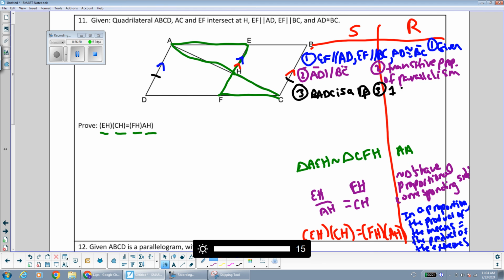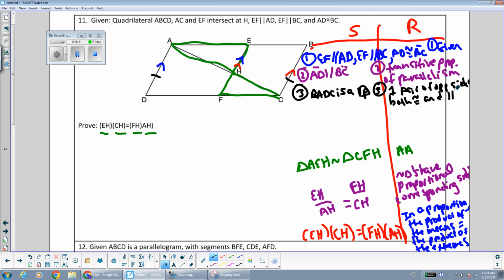It has one pair of opposite sides that are both congruent and parallel. The full reason would be if a quadrilateral has one pair of opposite sides that they're both congruent and parallel, it is a parallelogram. Okay, now from knowing that, I can say that AB and DC are parallel.